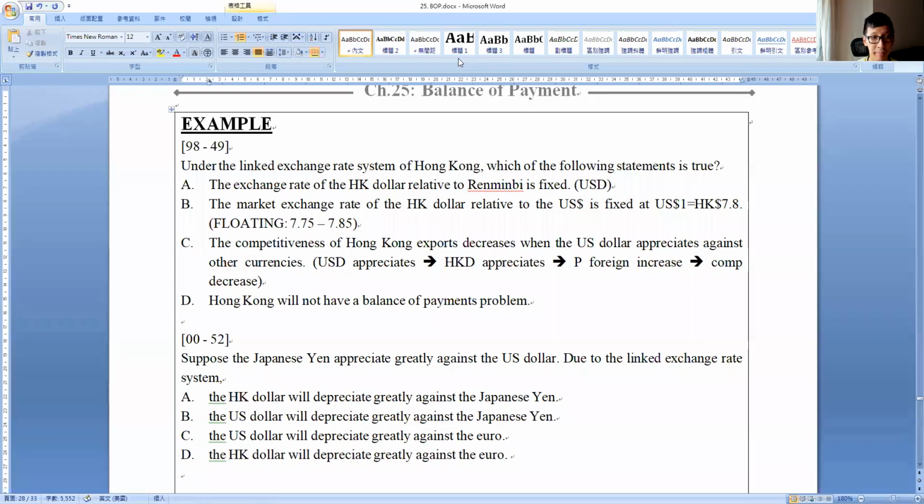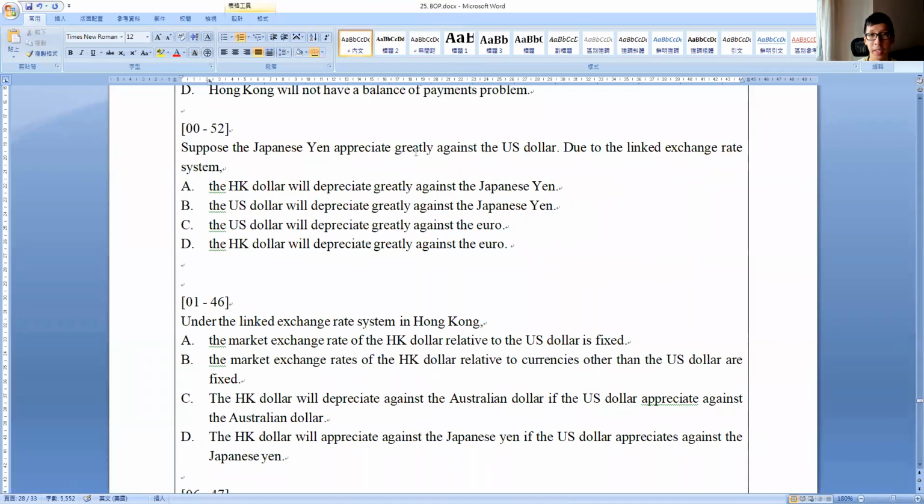All right, next one. Year 2000, question 52. Let's see what happens. Now, suppose the Japanese yen appreciates greatly against the US dollar.